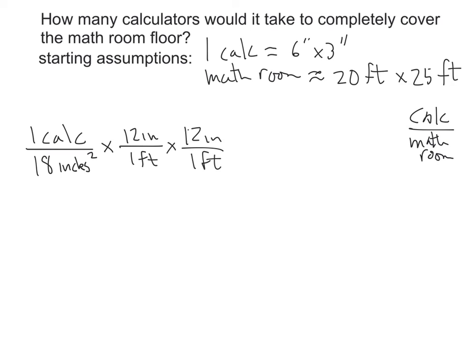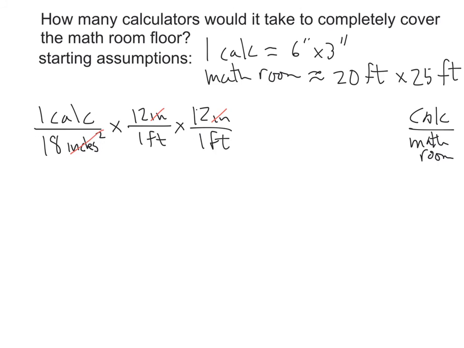And what that allows us to do is cancel inches squared with inches times inches, because inches times inches is inches squared. This now gets us into calculators per square foot, and we want to get it into per math room, which means that what we're going to need to do is multiply by 20 feet by 25 feet.